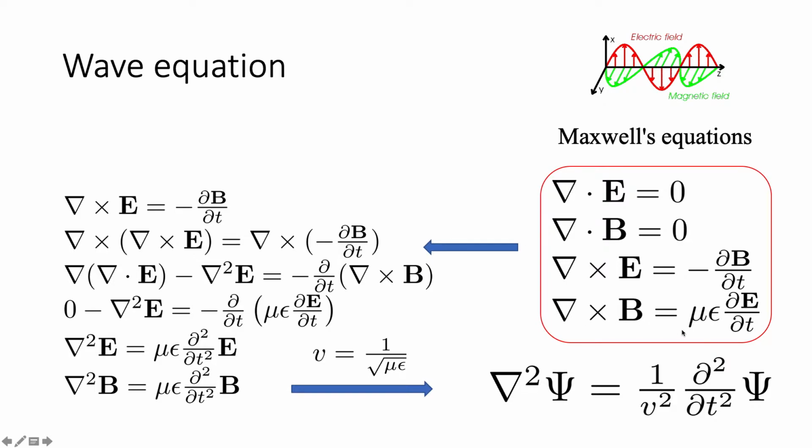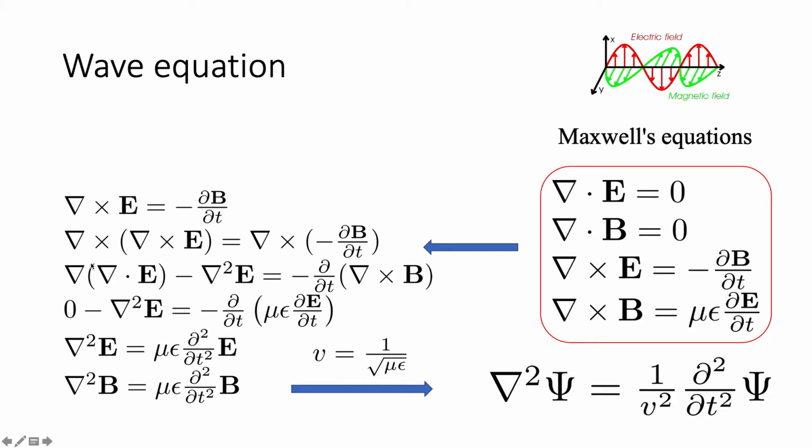Mu is permeability, 磁导率, which means the degree of magnetization of a material in response to a magnetic field, and epsilon refers to permittivity, 介电常数, which represents the coefficient of the insulation capability, 绝缘能力. Dot product refers to divergence, 散度. Cross product refers to curl, 旋度.